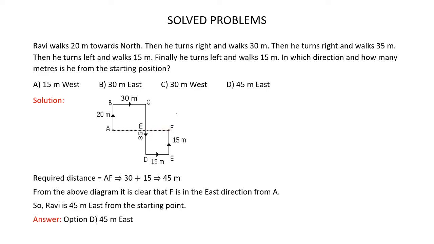So the required distance AF is equal to 30 plus 15, which is 45 meters. So from this diagram it's clear that Ravi is 45 meters east from the starting point. So the correct answer is option D, 45 meters east.